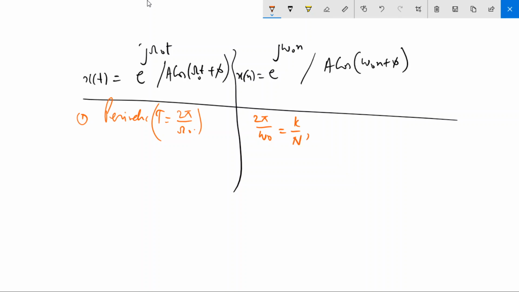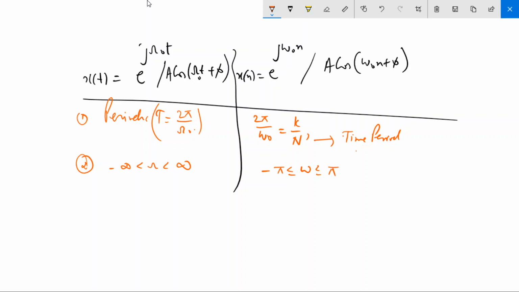If it is a ratio of two integers, in that case your n becomes the time period. Okay, the second important difference was it has an infinite frequency range. For this signal, the frequency range is finite and that is limited to a band of 2 pi only.